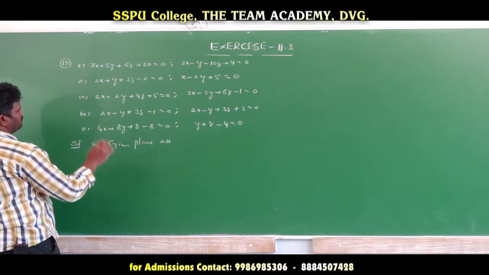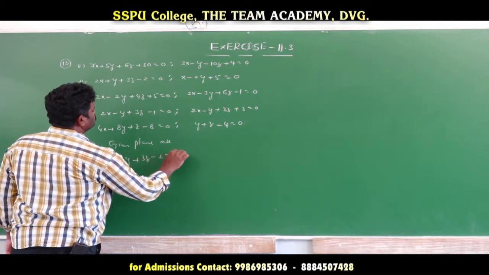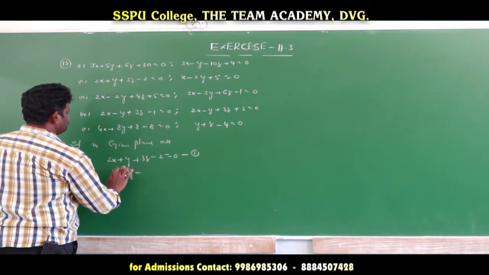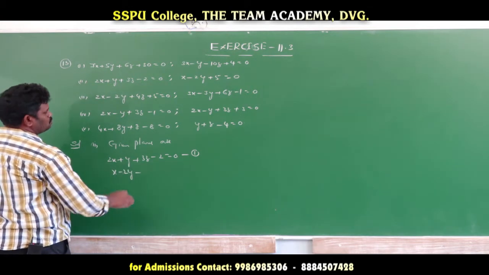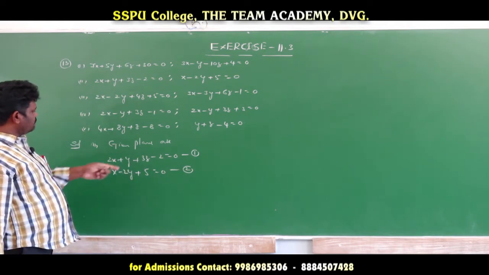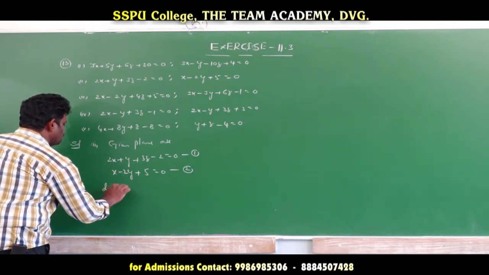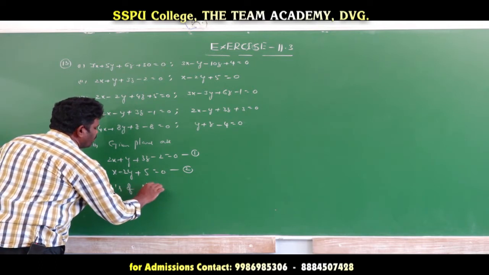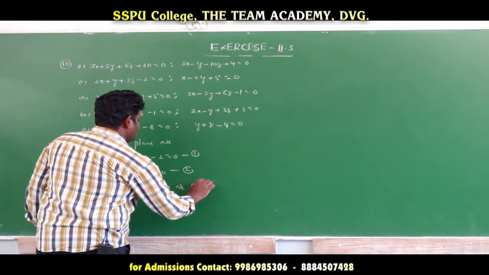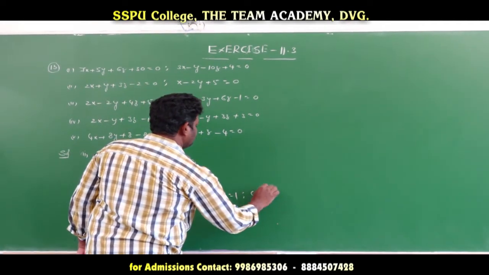The first one is completed. Second one: 2x plus y plus 3z minus 2 is equal to 0 is the first plane equation, and x minus 2y plus 5 is equal to 0. Next, the direction ratios of plane 1: A1 is equal to 2, B1 is equal to 1, C1 is equal to 3.